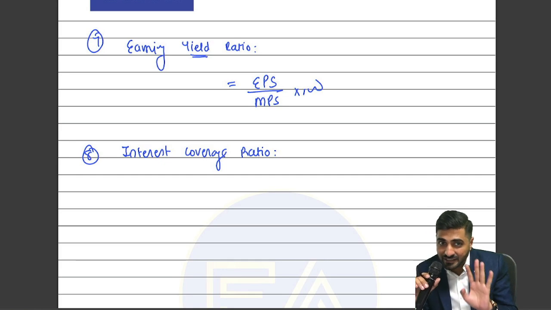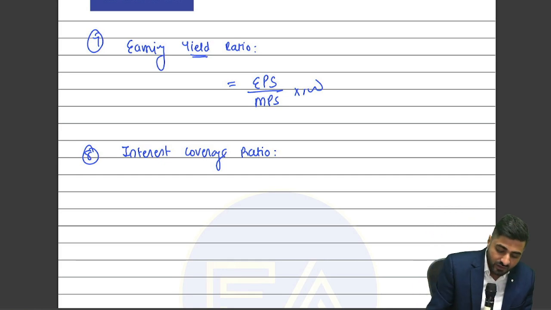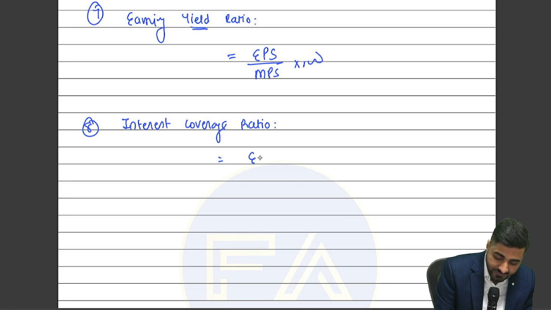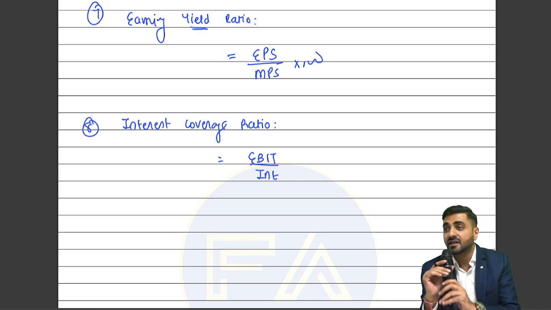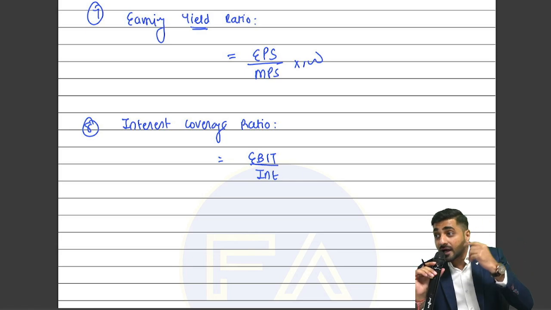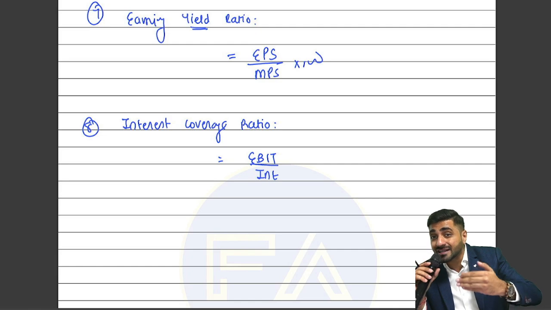That's called your interest coverage. The formula for this is EBIT by interest. This will help you understand the number of times your interest is getting covered with your EBIT.